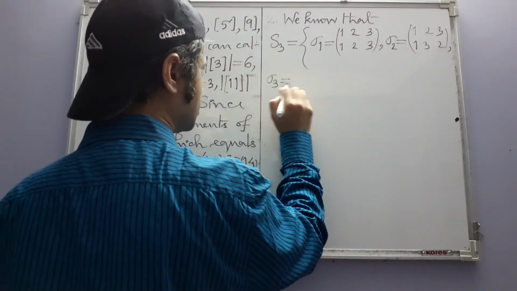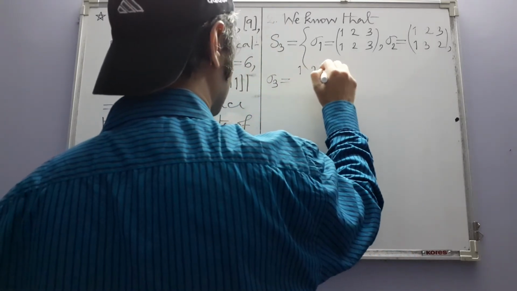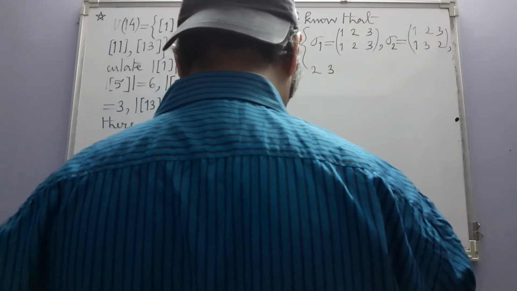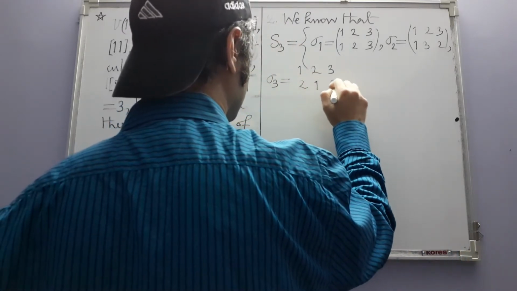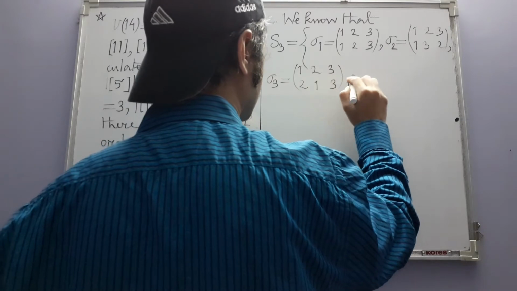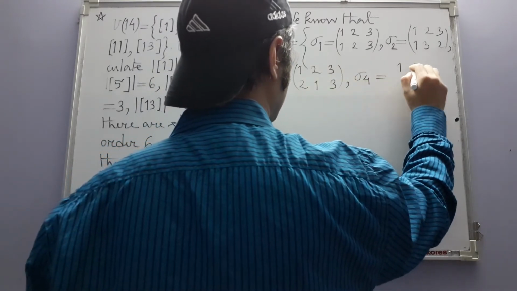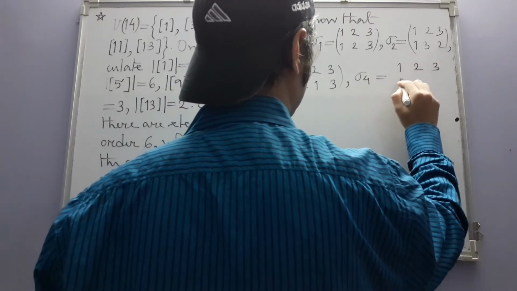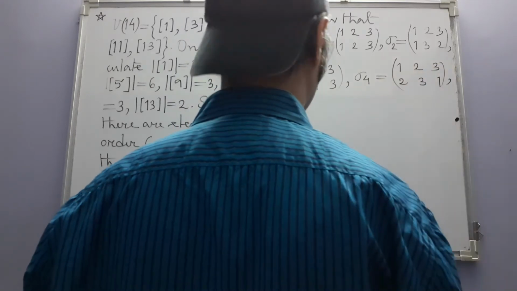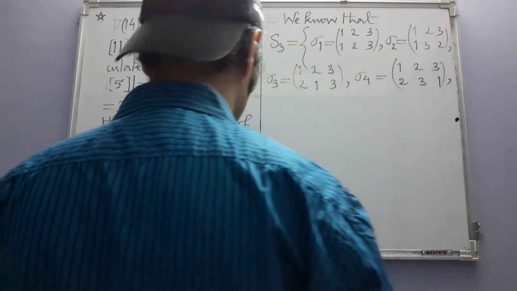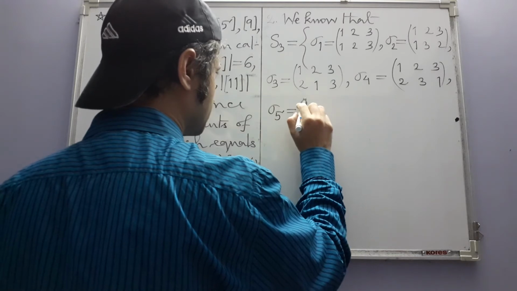Then sigma 3 is 2 1 3? Yes. Sigma 4 is 2 3 1. Then sigma 5.